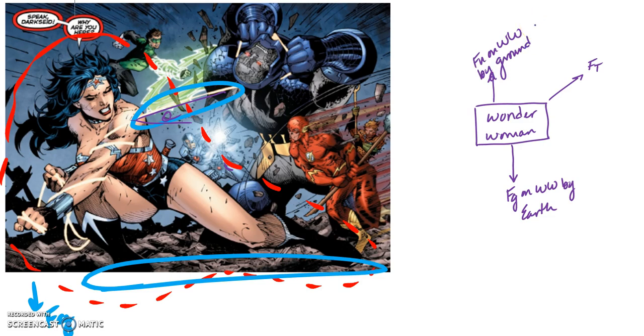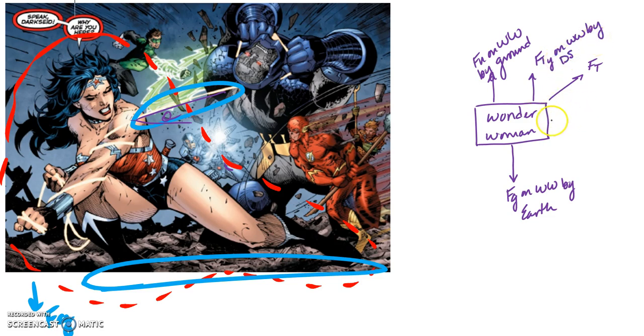And so then we are going to say, okay, are there any other forces? Well, I don't know. Maybe there's not. Let's go with there aren't any other forces. But we do notice we have a force at an angle, so we've got to break that up. So what I'm going to do is replace this angled force with its components. It's pointing up and to the right. And so I'm going to draw in the upwards piece, so force of tension, and since it's upwards, the Y piece on Wonder Woman by Darkseid.